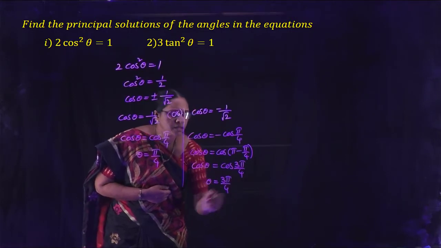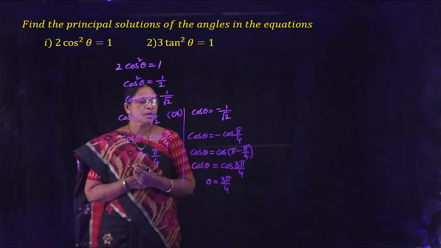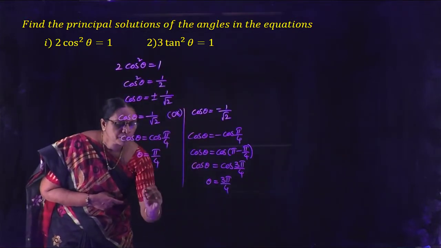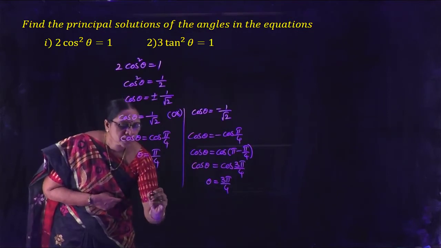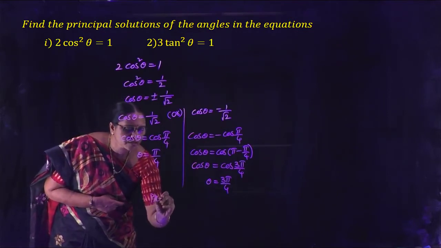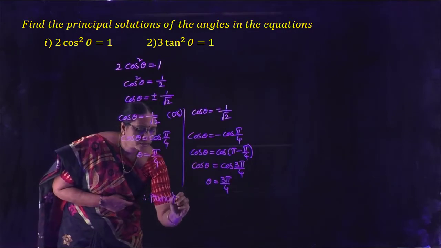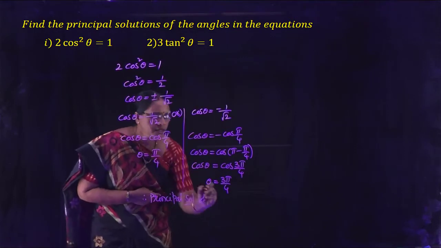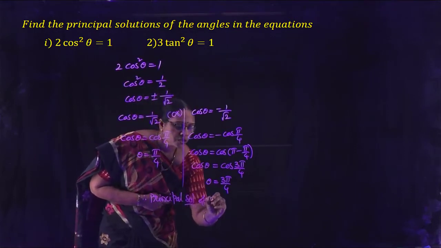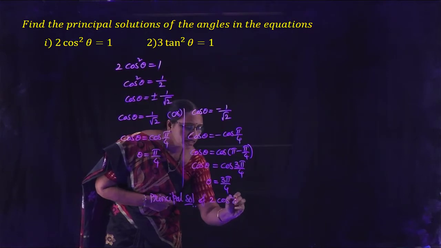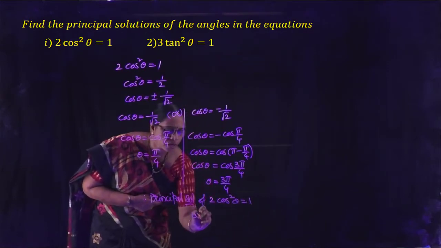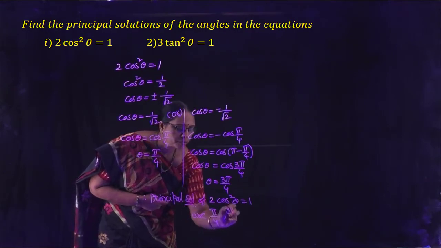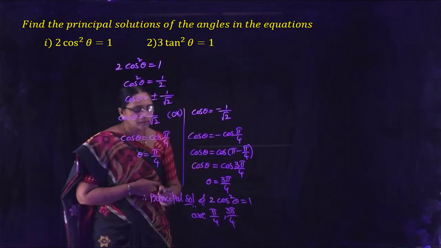Here theta equal to 3 pi by 4 lies in the principal domain of the cos function. Therefore, the principal solutions of the given equation 2 cos square theta equal to 1 are pi by 4 comma 3 pi by 4.